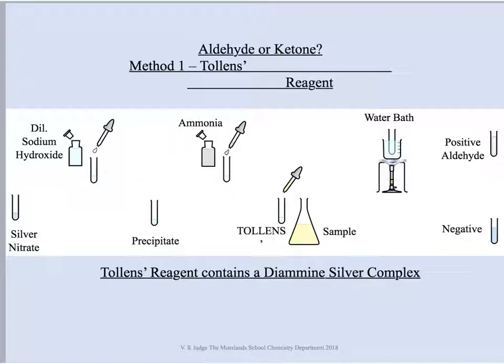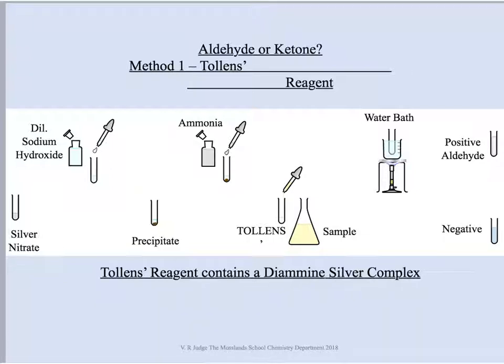So there are two methods I'm going to talk you through for distinguishing between aldehydes and ketones. The first one you should be familiar with is using Tollens reagent. So you will have done this before in lesson. And to begin with, you have to make the Tollens reagent up yourself. So you start by putting a small amount of silver nitrate into a test tube, a couple of centimetres cubed into there, and then you add a few drops of sodium hydroxide to your silver nitrate until you produce this brown precipitate.